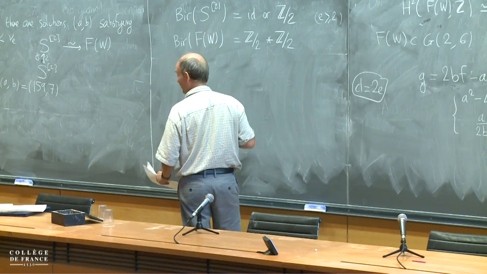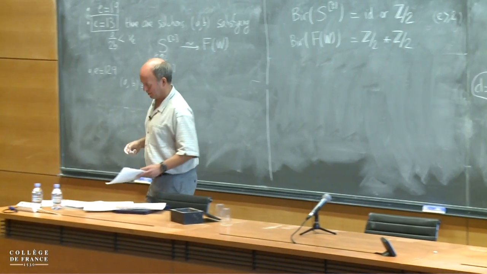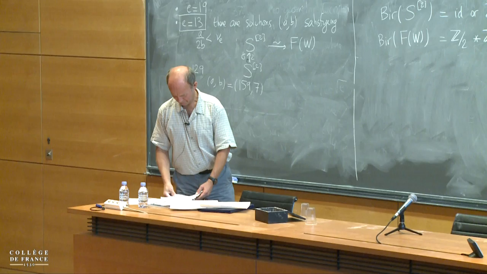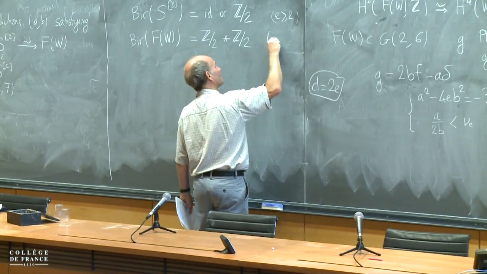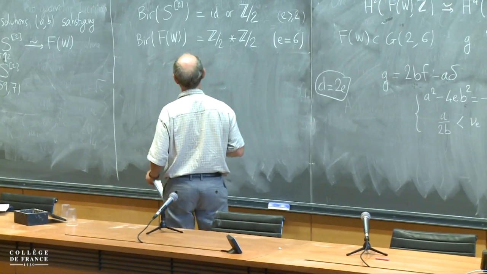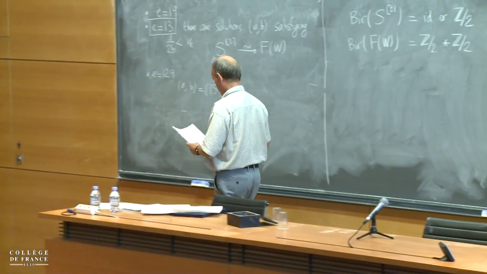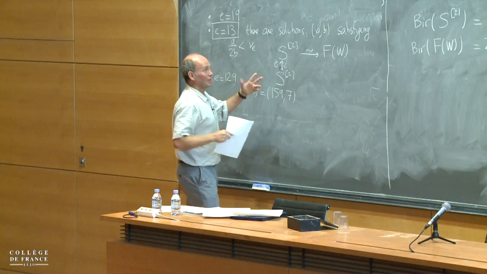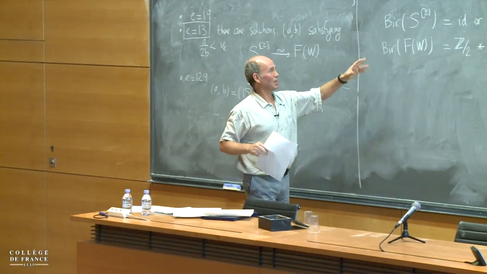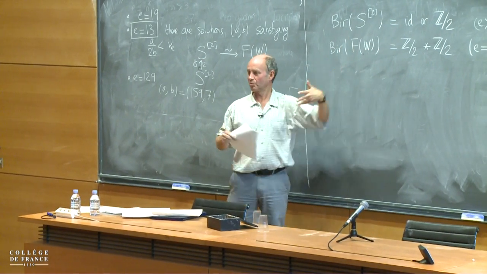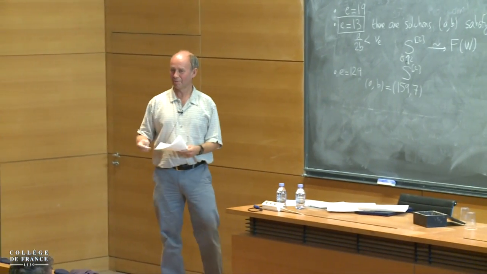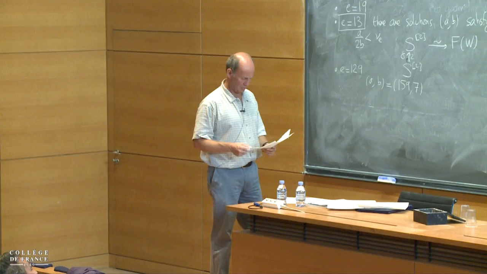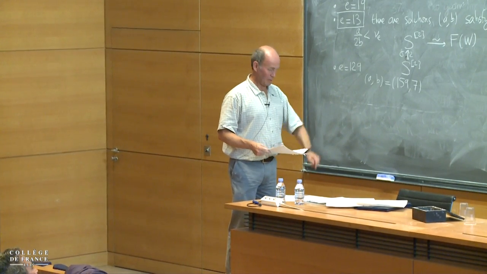This is when the degree is 12, so E is equal to 6. I haven't looked at birational isomorphisms between these two, something that one can do since we know the movable cone.